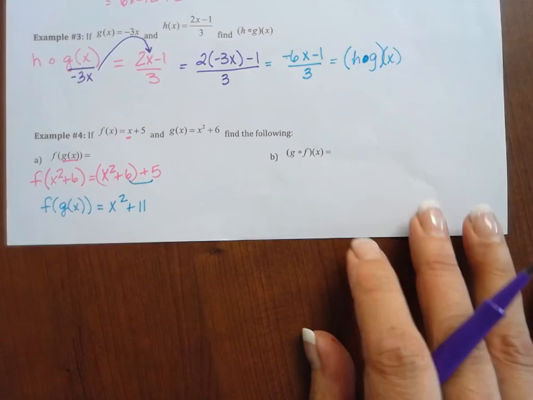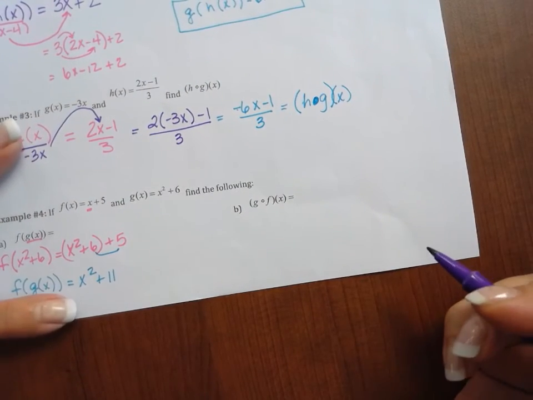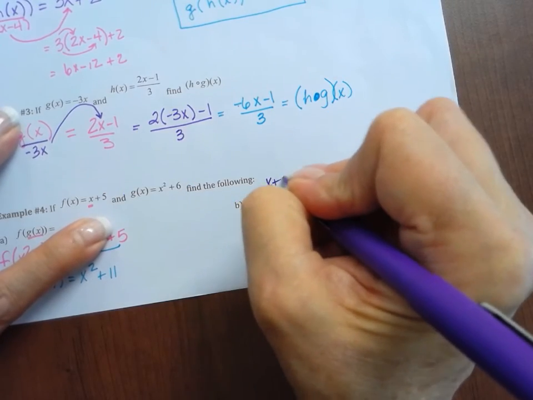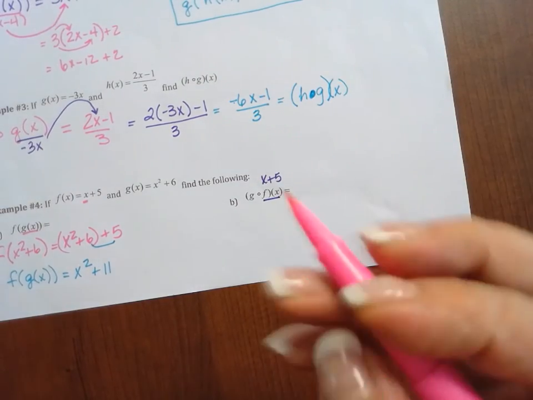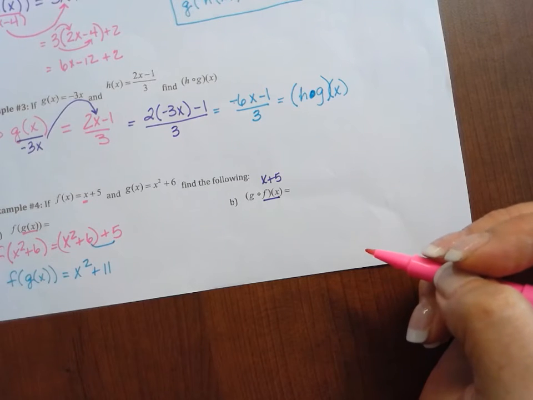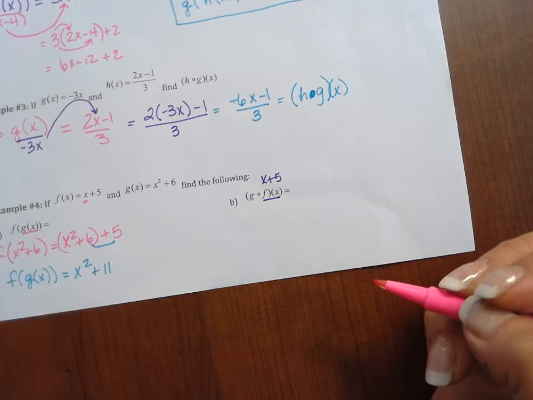All right, g of f of x. So what's my inside? The f of x, which is my x plus 5. And I'm going to replace that, or write inside the outside function. I just tongue-tied that one.